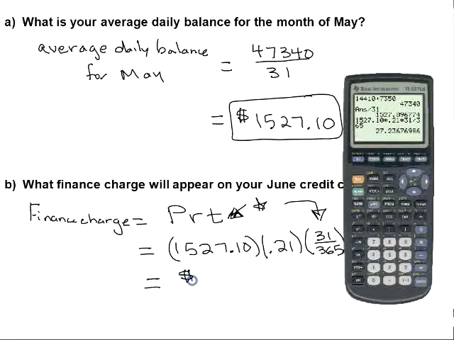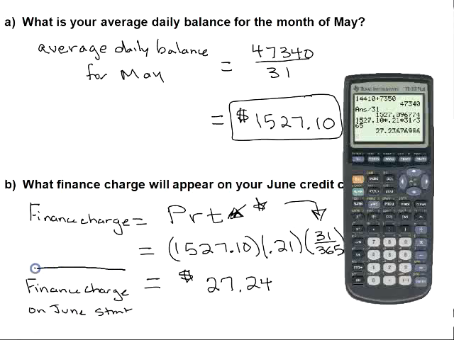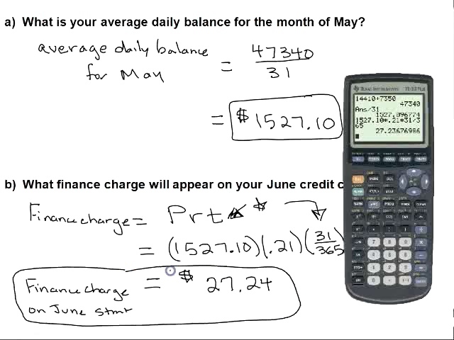And so the finance charge that's going to show up on our next month's statement, on June's statement, is $27.24. Then again, to find the finance charge, we took the average daily balance times the annual rate times the number of days in the month all the transactions occurred over the number of days in the year.